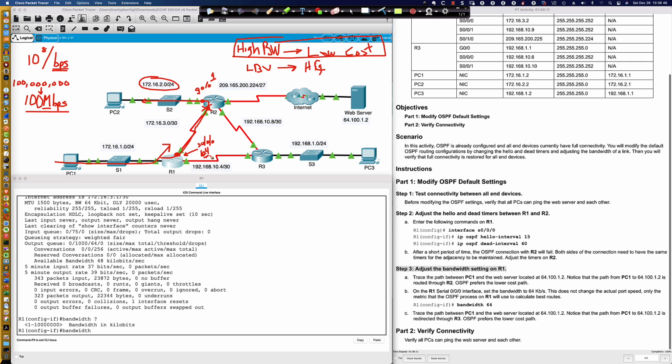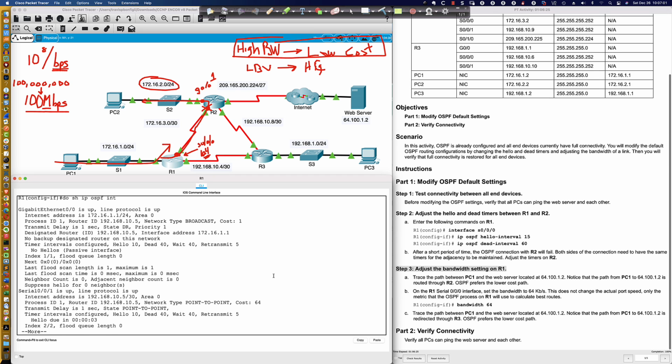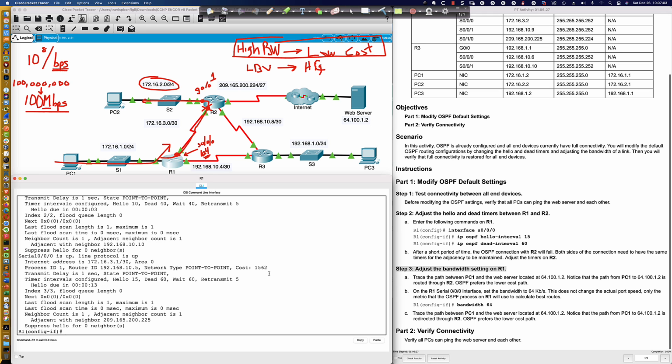So now that we've changed it to 64 here on router 1, let's take a look at our cost. Do show ip ospf interface. What is the cost now of that serial 0/0/0 link?